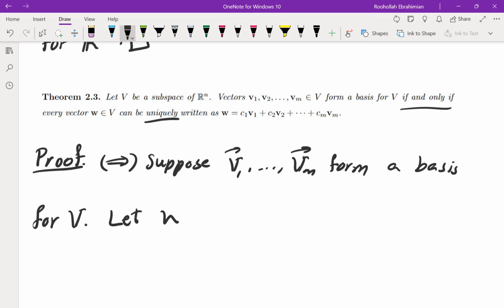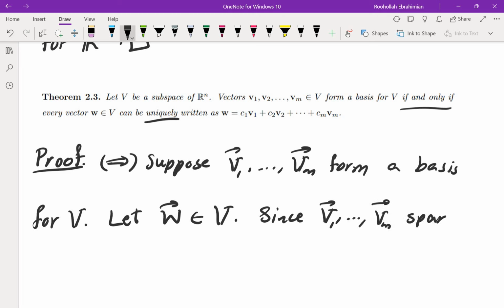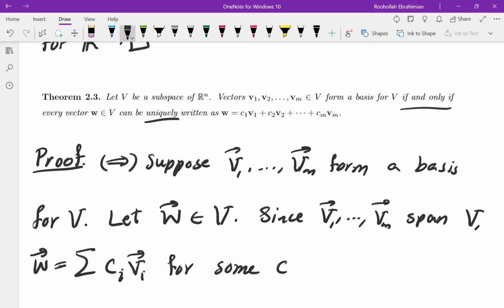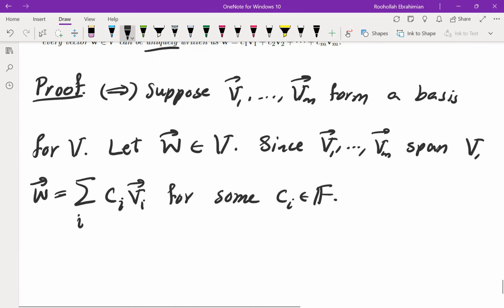So let w be in V. Since v1 through vm span V, w can be written as the sum of ci vi for some scalars ci.